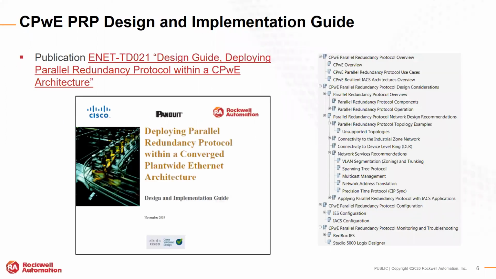Now, first thing I want to make everyone aware of, we do have good documentation on this network. What you see in front of you is the design and implementation guide for Parallel Redundancy, which is a subcatalog of our CPWE manual, which we'll be addressing in our Wednesday's podcast.